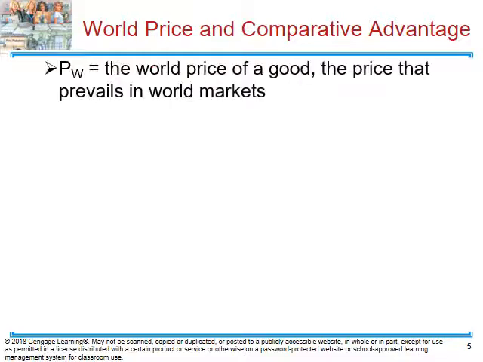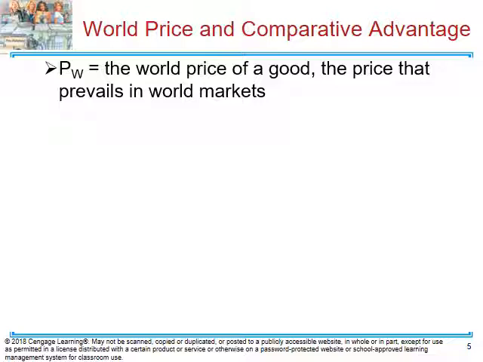Now we will see what will happen when the economy opens to international trade. The world price is the price of a specific good at the international level. For example, in the example of textile, what is the price of textile in the international market?